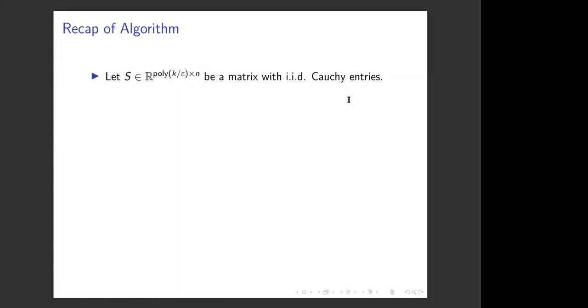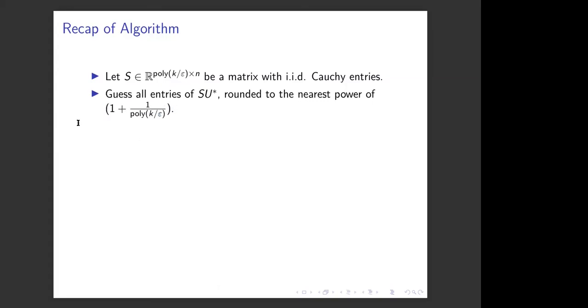Each of its entries are Cauchy random variables, as an aside. S is the sketching matrix, and U star is the optimal left factor. So we guess a discretized version of SU star, whose entries are all powers of 1 plus 1 over poly k over epsilon. And M is the discretized version.